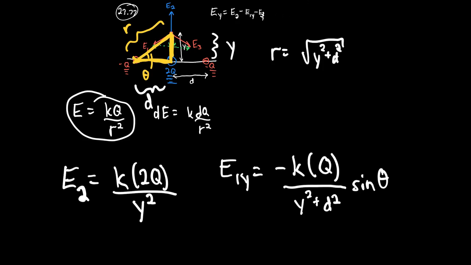But the sine of this angle, I can write it in terms of the variables that I was given. What is sine of theta in terms of the variables I was given?